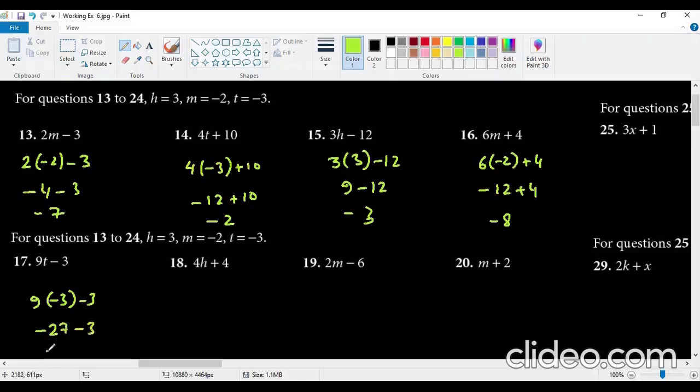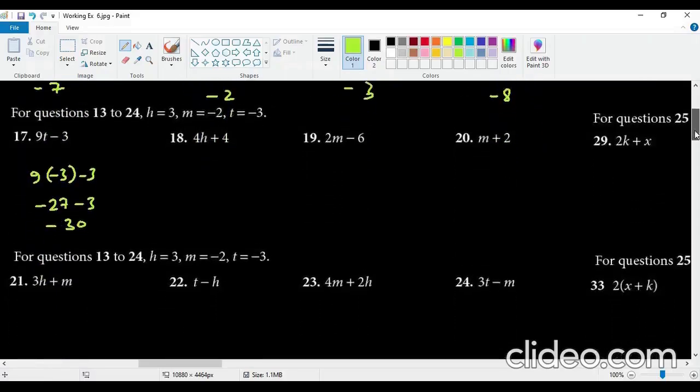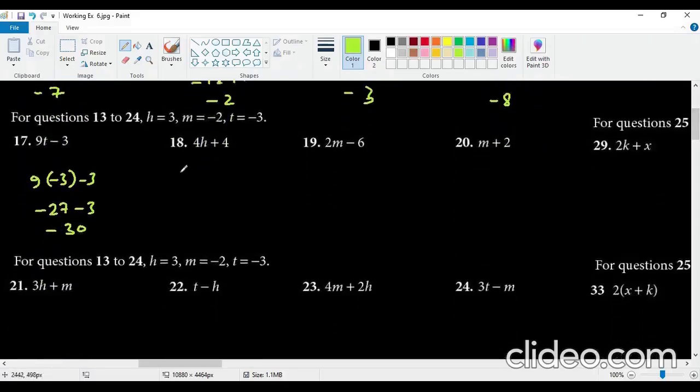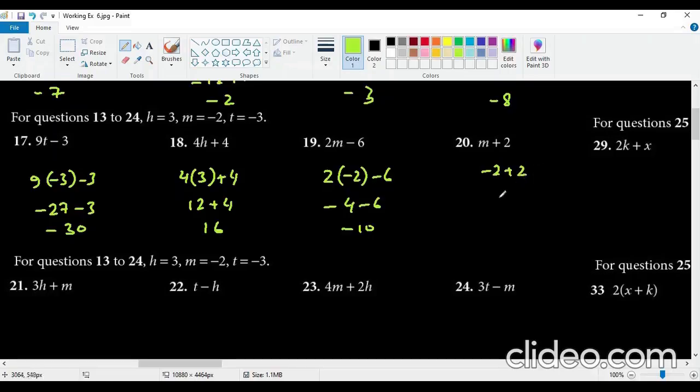So negative 30 is going to be your answer. 4 times h, which is 3, plus 4: that means 12 plus 4 is going to give you 16. 2 times m, which is negative 2, minus 6: negative 4, negative 6 is going to give you negative 10. m, which is negative 2, plus 2 gives you 0.